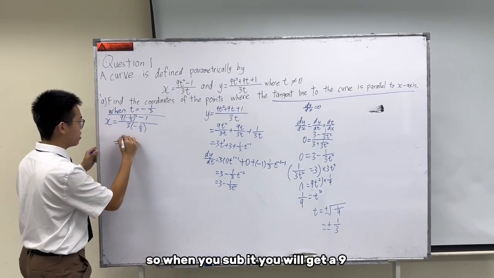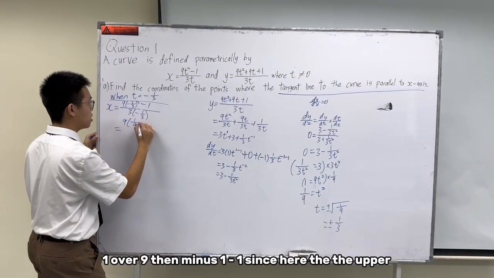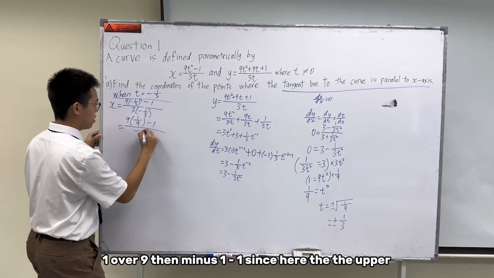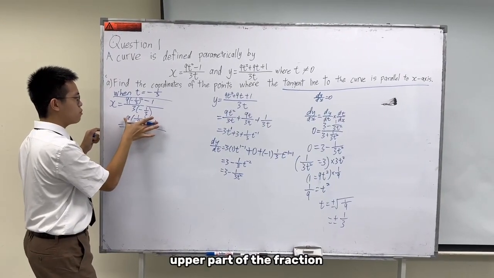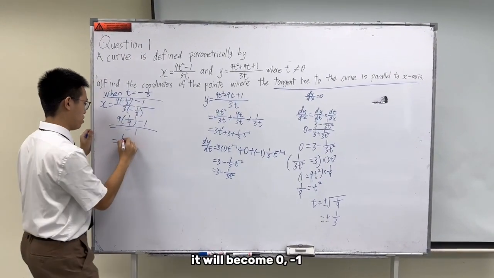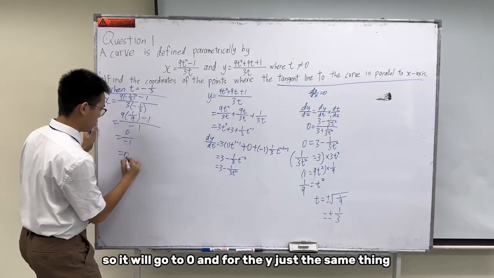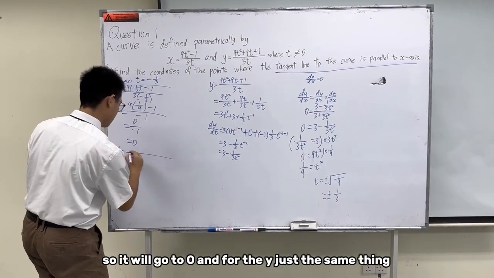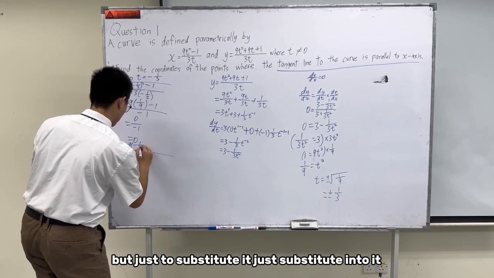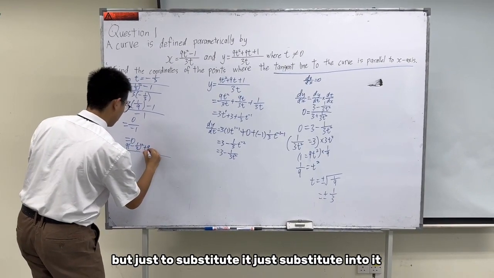When you substitute, you get 9 times 1 over 9, then minus 1, negative 1. Since the upper part of the fraction becomes 0, x will be close to 0. And for y, it's the same thing, we just substitute into it.